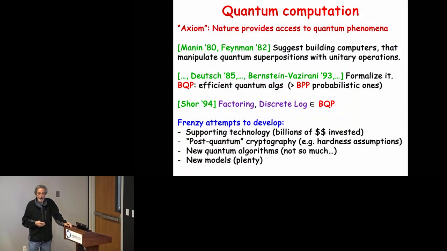We have a lot of technology developed, but we don't have general purpose quantum computers. If you want to factor integers, maybe the largest number you can factor today is 65, or maybe somewhat higher. So it's not doing that, but it's doing other things. In fact, the original suggestion by Feynman was that we should have quantum computers in order to simulate quantum phenomena. And this we can do to some extent.